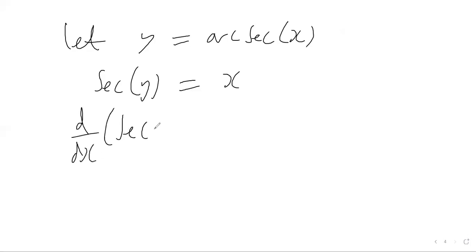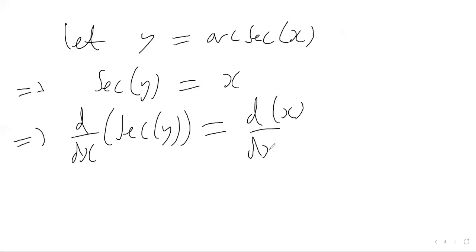We get d by dx of sec y equals d by dx of x. And we know that d by dx of x is just the number 1, because dx over dx is just 1.